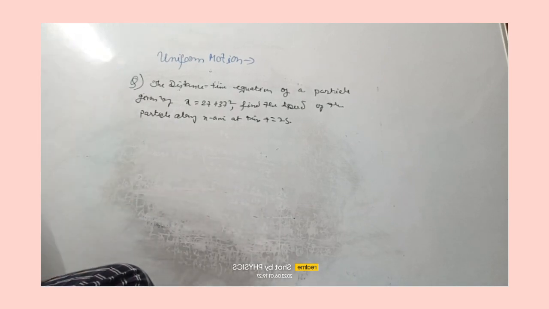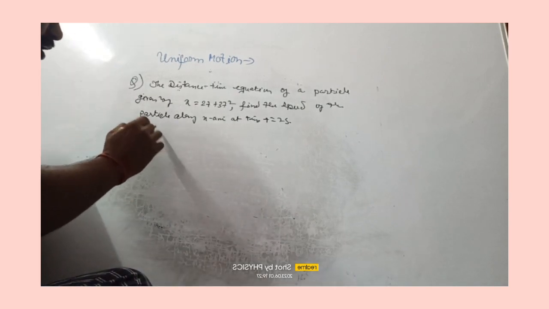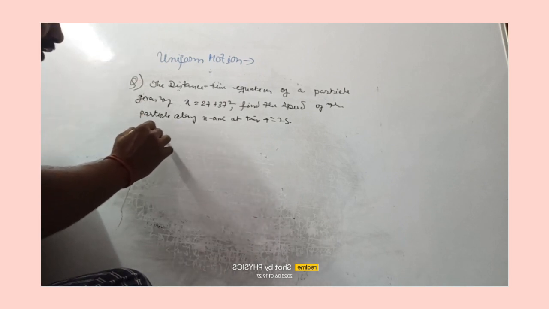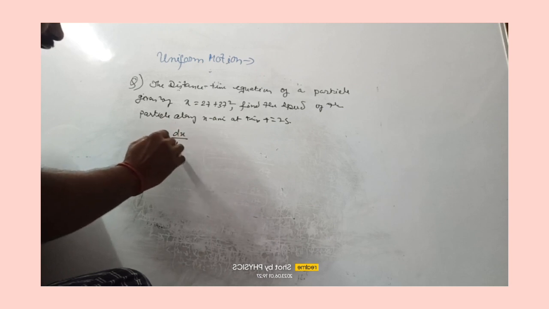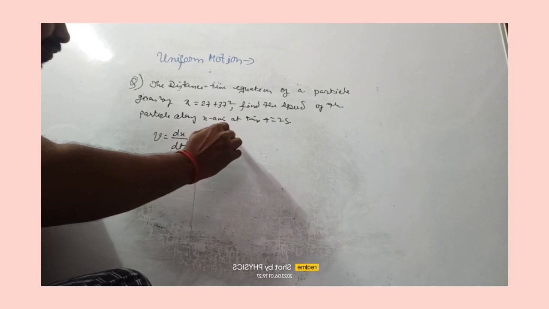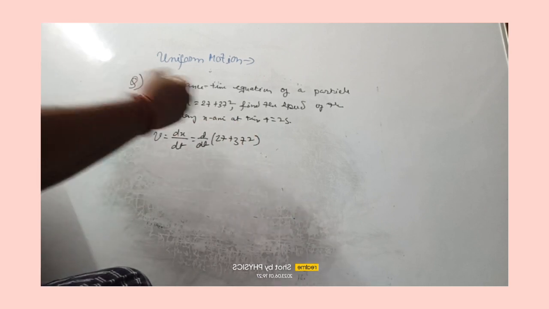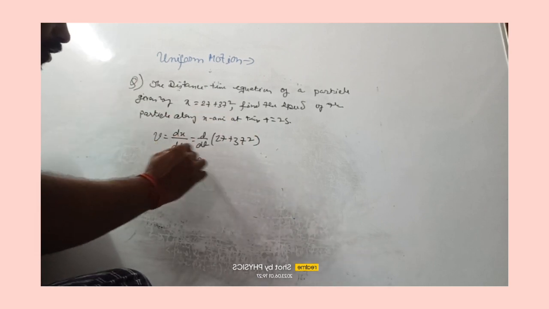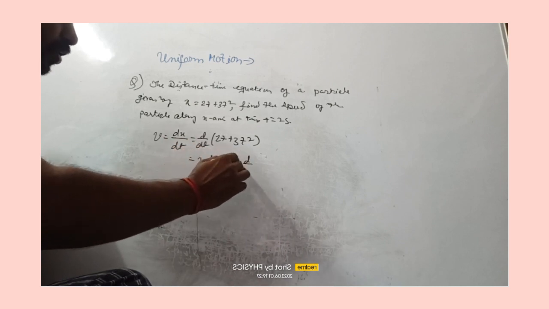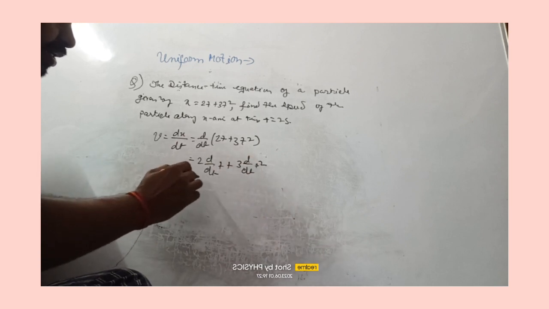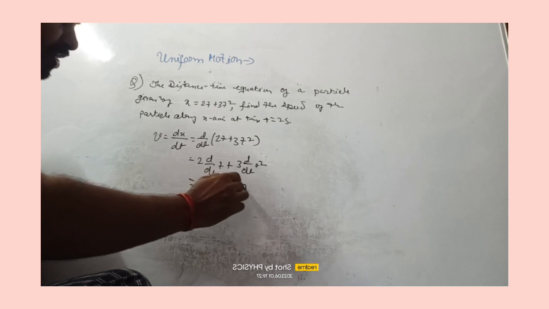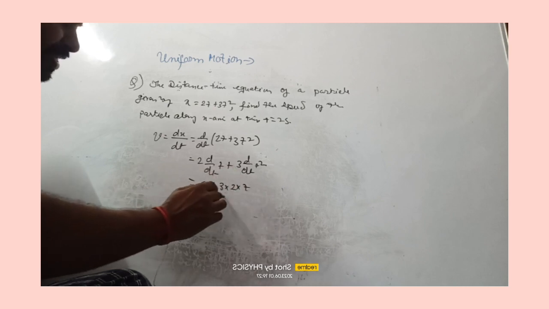How to find it? You know the formula of speed is v equals dx by dt. Now d/dt of 2t plus 3t square. Differentiating, 2 is a constant, so d/dt of 2t is 2, and 3 is a constant, so d/dt of t square is 2t, giving 2 plus 3 into 2 into t, that is 2 plus 6t.